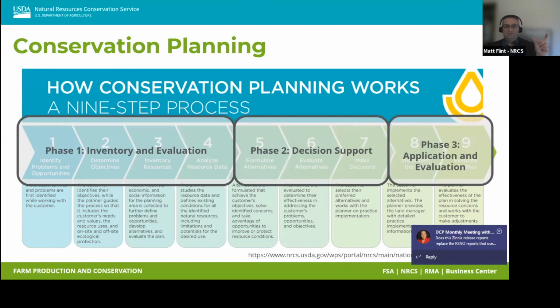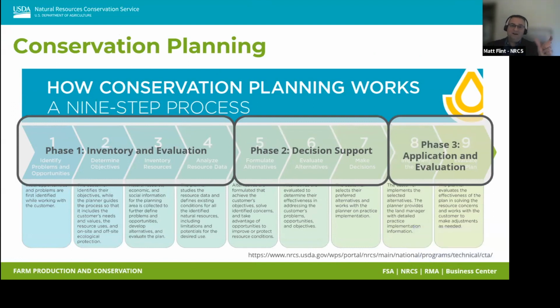First is inventory and evaluation. It's problem identification. What are the resource concerns that this client has? How do we help meet those? Decision support is an evaluation of treatment alternatives, but also financial assistance alternatives. We can talk about programs to arrive at a decision. The decision, ultimately what becomes the conservation plan, is the client's decision.